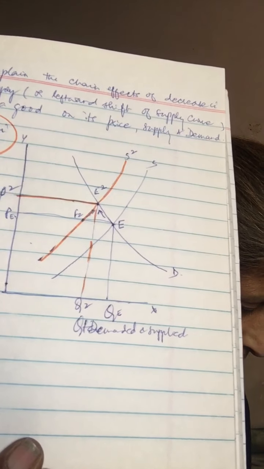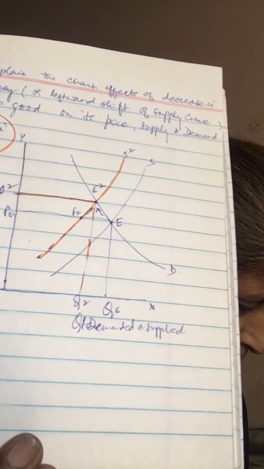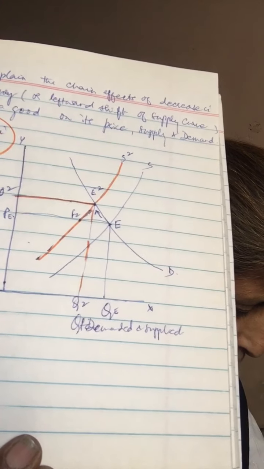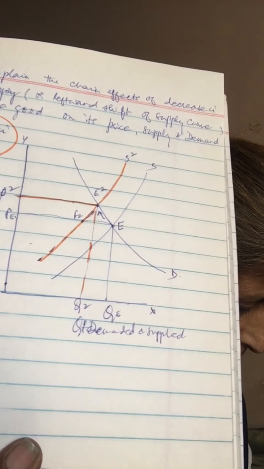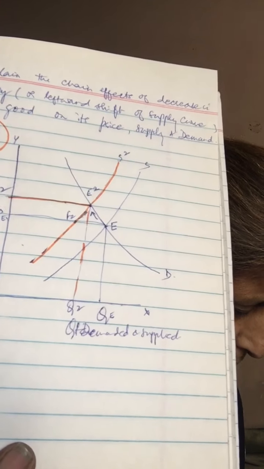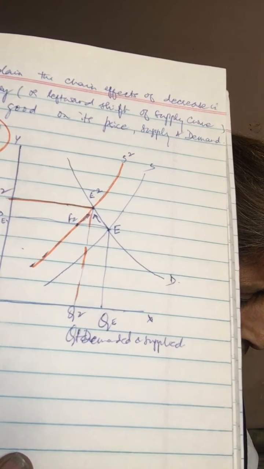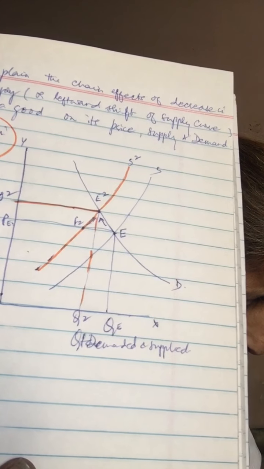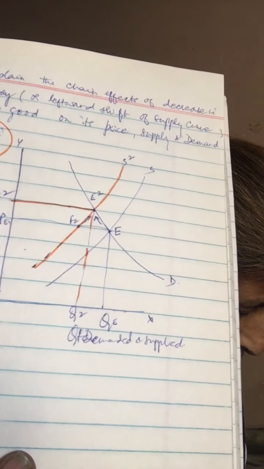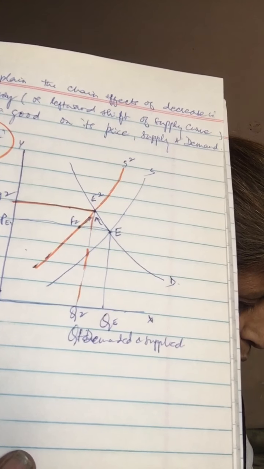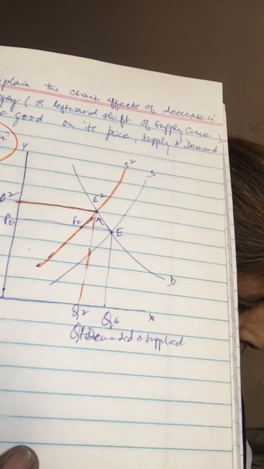Let us start again. We started from the initial point E, where equilibrium price is OP and demand is equal to supply is equal to OQ. When supply decreases, it shifts the supply curve from S to S2 to the left, leading to short supply, that is EF2 at the given price OP.